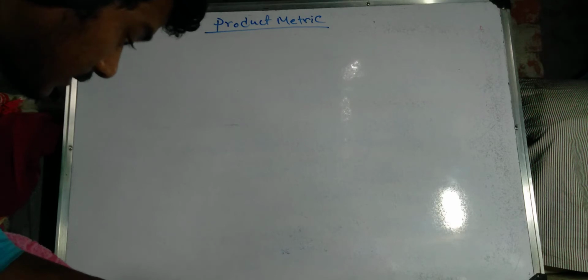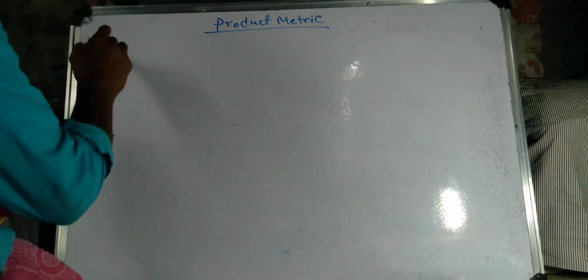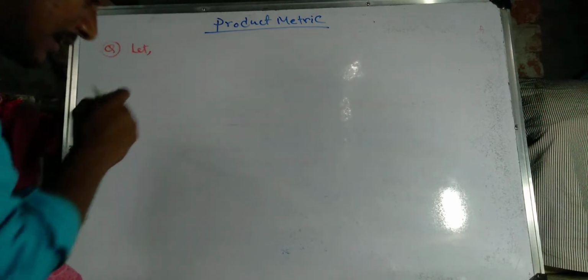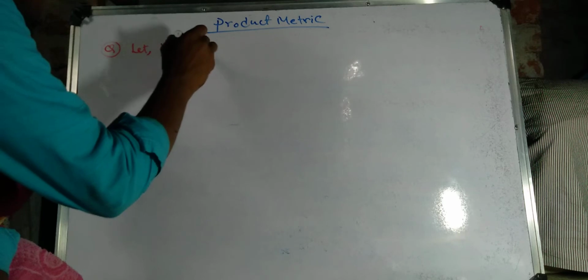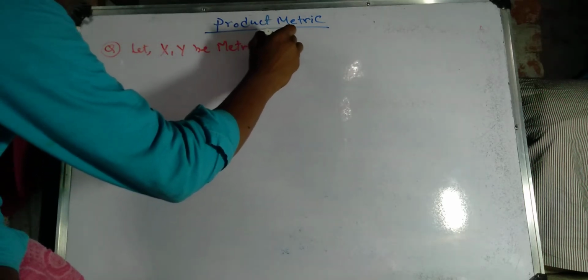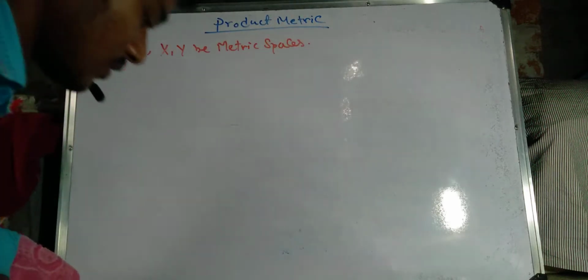Then in further, we take the question first. Question: let X, Y be metric spaces.